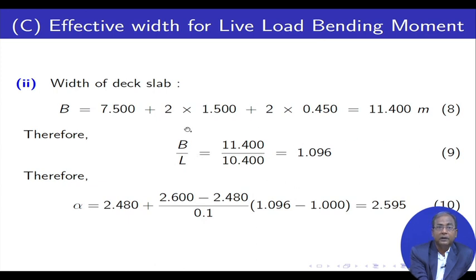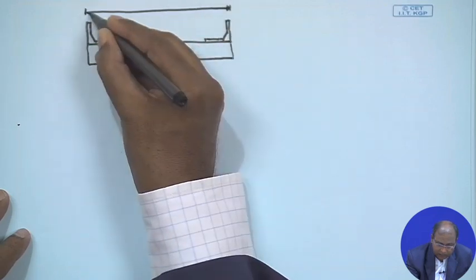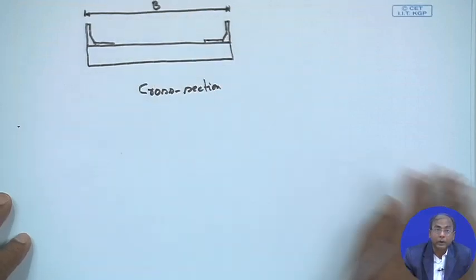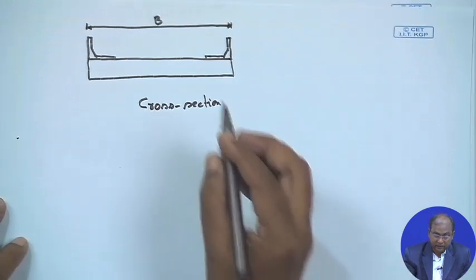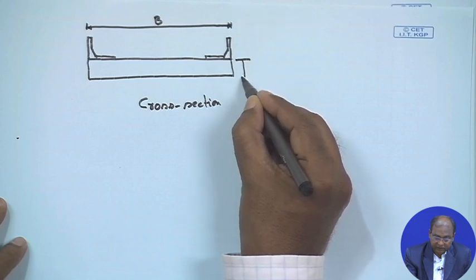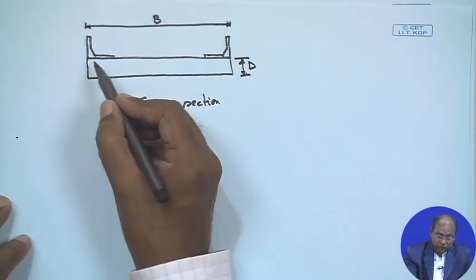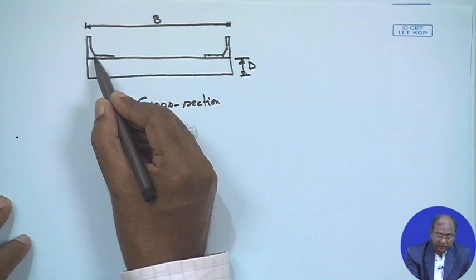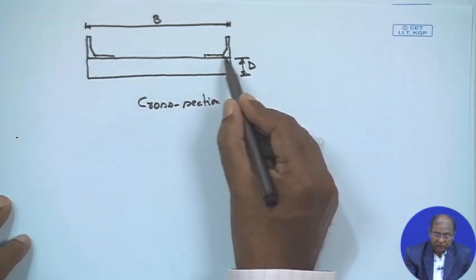And as usual, that B will now be changed. B means total B, which we are considering here, and this is our depth D. Crash barrier generally as per IRC 5, we take 450, this one also 450.